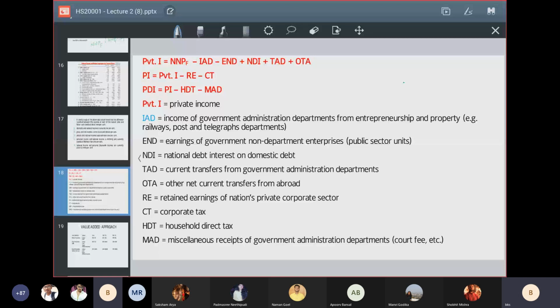As you know, your national income is your NNP at factor cost, and from this national income we can calculate the private income. The essence of this is, from the national income, if you take away the income generated by government and then you add the income of private individuals which are not part of the national income, or in the sense are not part of our GDP, then we'll end up with what we call the private income.